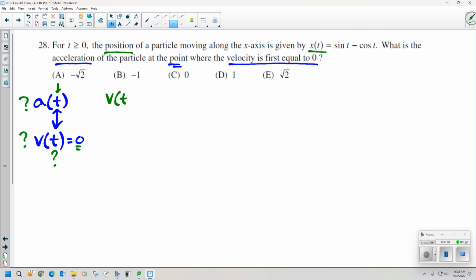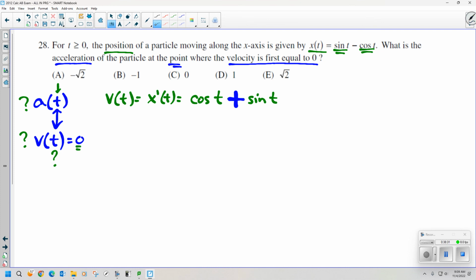Velocity is the derivative of position. The derivative of sine is cosine of t minus the derivative of cosine is negative sine of t. Whenever I subtract a negative, it turns to a positive. That's velocity. All right?